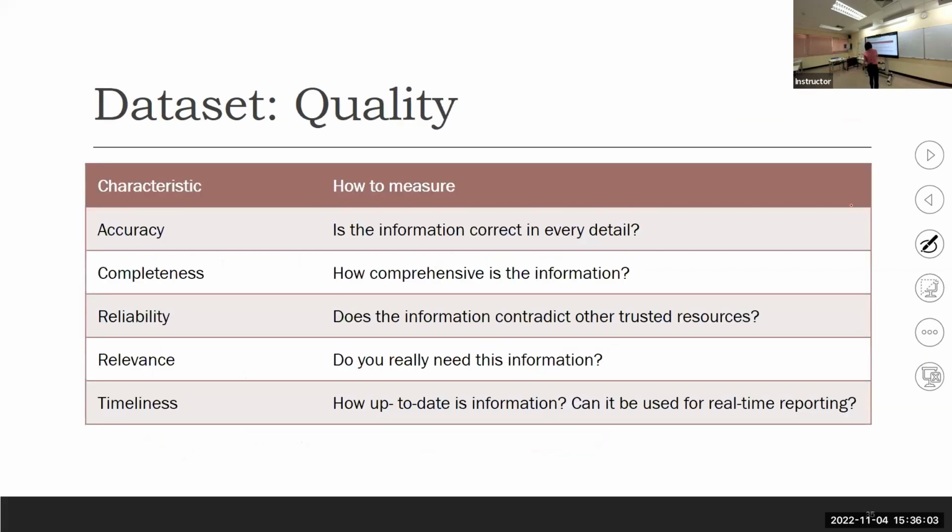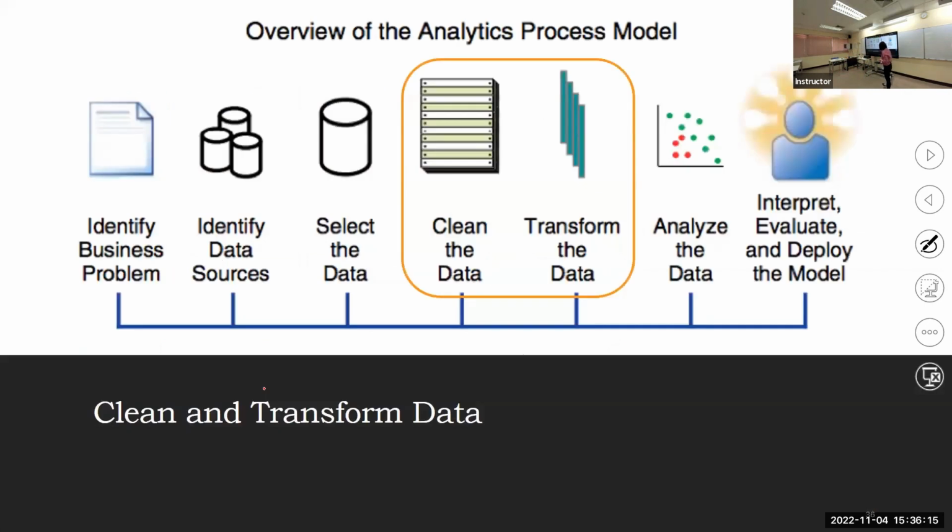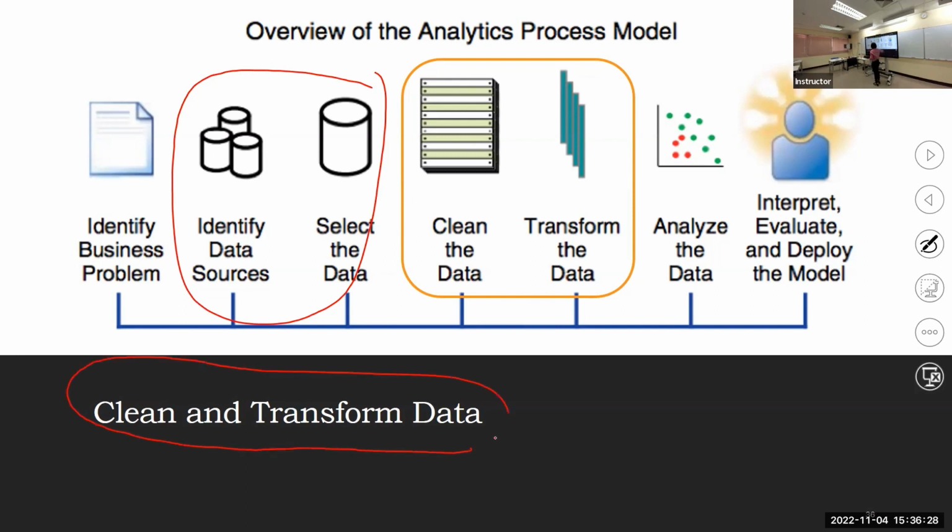Okay, so these are the basic quality dimensions: completeness, accuracy, reliability, relevance, timeliness. Okay, then once you have all the data available, enough size, good quality, you can move on to the next step of cleansing and transforming.